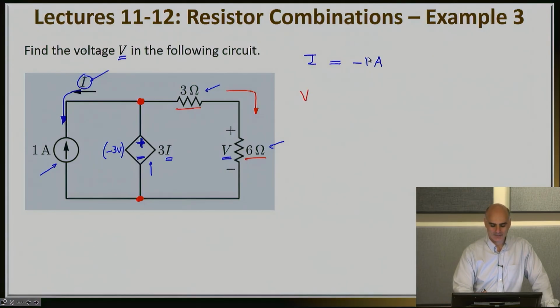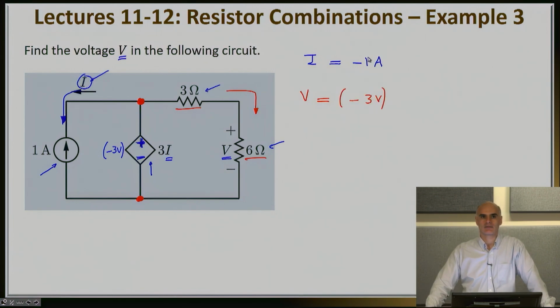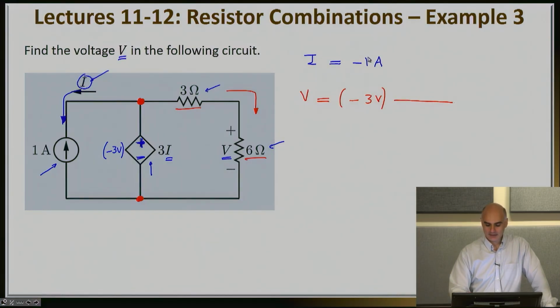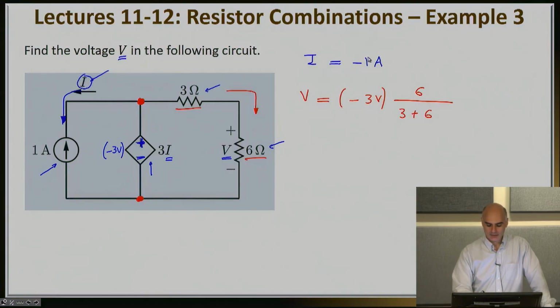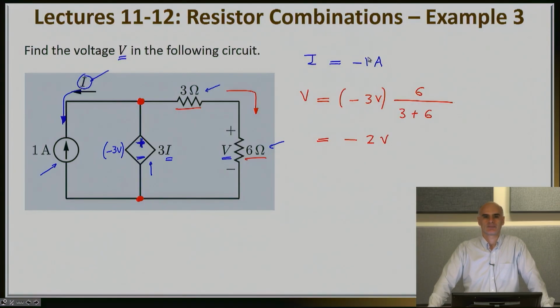So if I can apply voltage division, the unknown voltage V that I need to find will be equal to the voltage that I have between the two nodes, which is equal to negative 3 volts, times the resistance that I want, divided by the total amount of resistance, 3 plus 6. So in other words, I have 6 divided by 9, so that means that this will be equal to negative 2 volts.